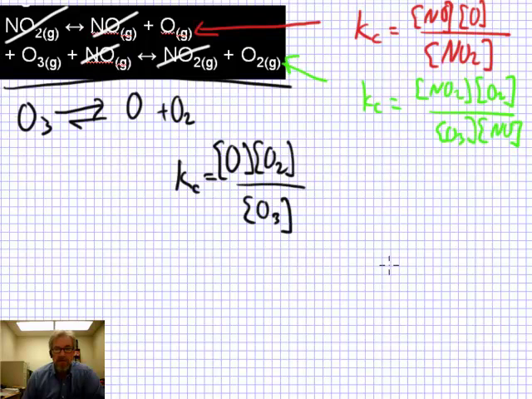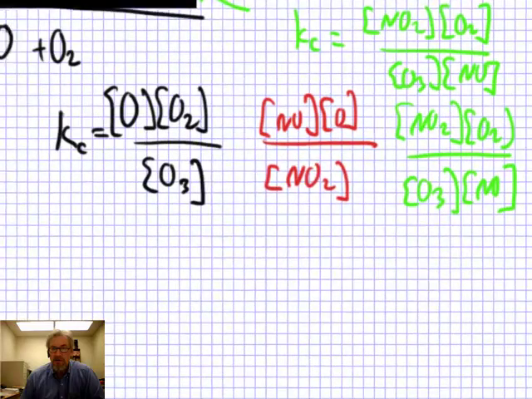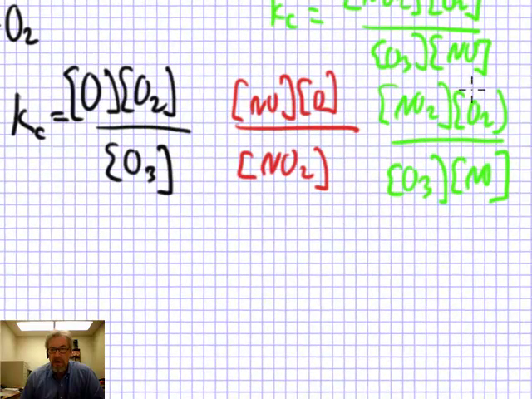How is this related to the two previous Kc's? Watch what happens when I put them right next to each other. Going through here and canceling out things that appear on both top and bottom, I have NO2 canceling out and NO canceling out. What's left is O concentration times O2 concentration divided by O3 concentration.